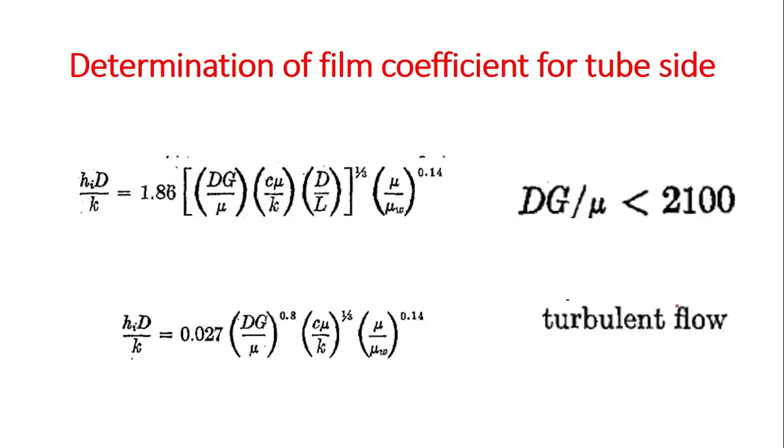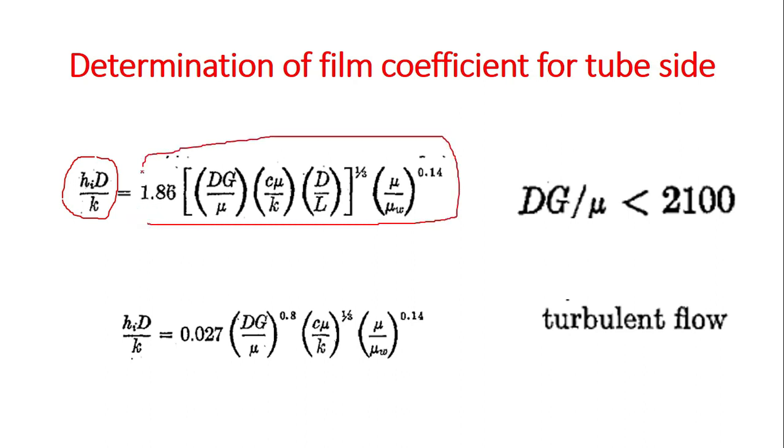So the next thing is the determination of the film coefficient or the convective heat transfer coefficient for the tube side. So this is a famous formula. I'm sure you have gone through the similar formula in the 4th lecture. So this is the Nusselt number, right? And on the right hand side there are a number of parameters which are actually the fluid properties, right?